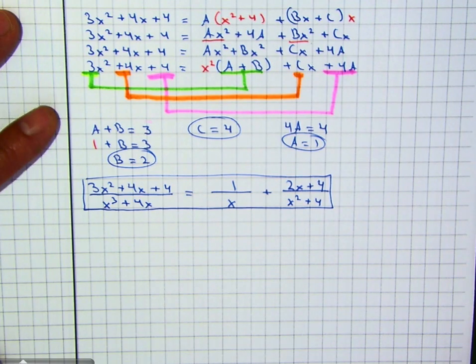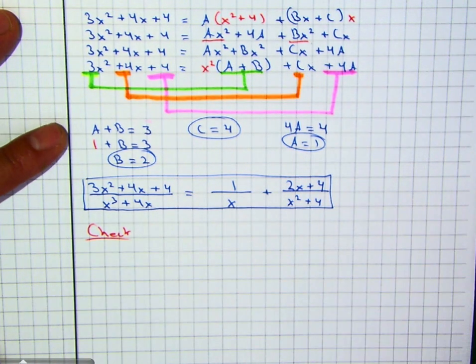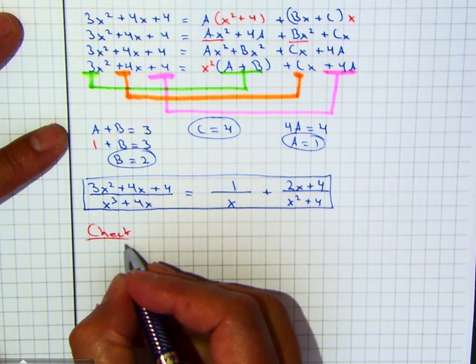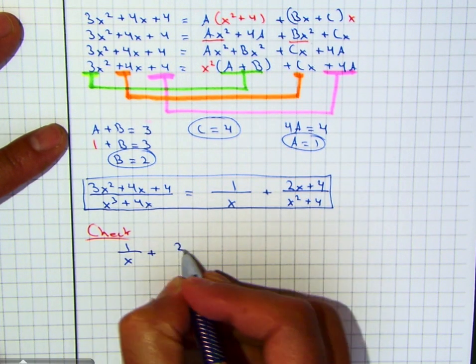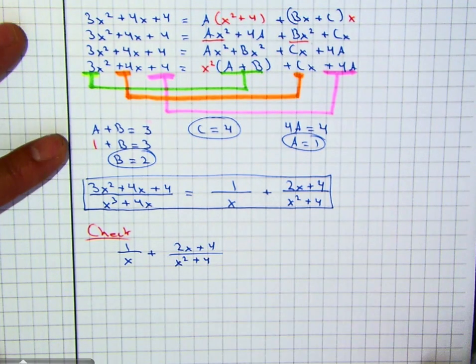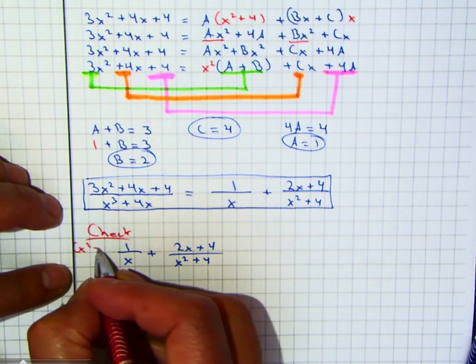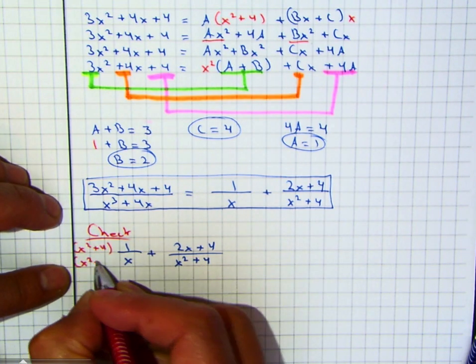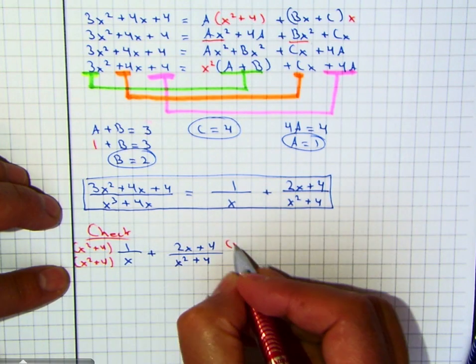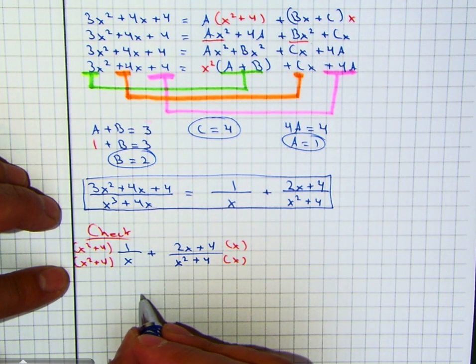And we can check it. Checking is a very quick process at this point. So therefore, I need to have the same denominator. I'm going to multiply this side by x squared plus 4. I'll multiply this side by x. So therefore, now we have the same denominator.